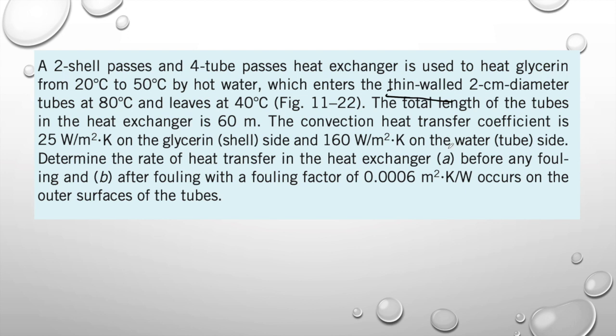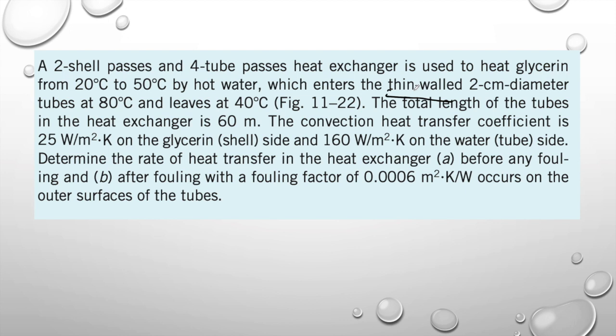If there is no statement that mentions the tube is thin wall, then you have to take the diameter at the outside, d out for external and di for internal.